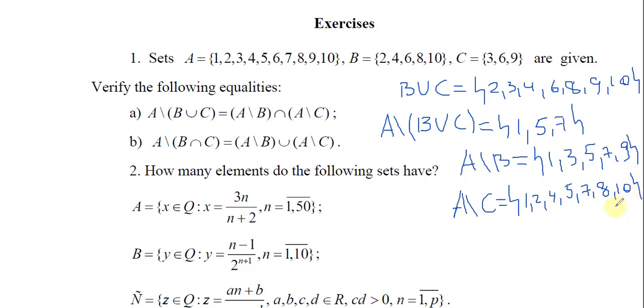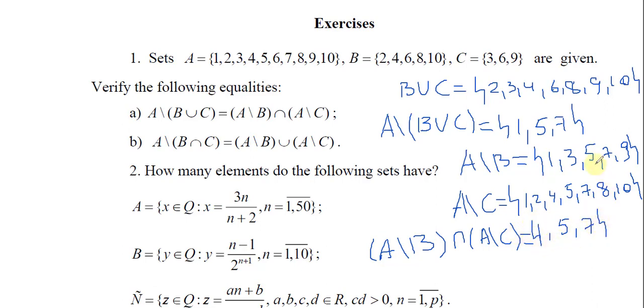And now the intersection of these two, the intersection of A minus B with A minus C. Here we have the same elements: 1, 5, and 7.